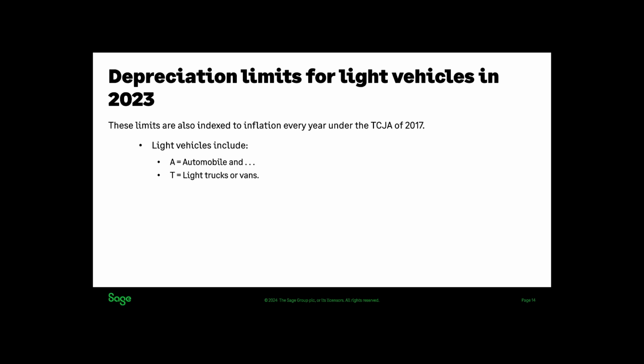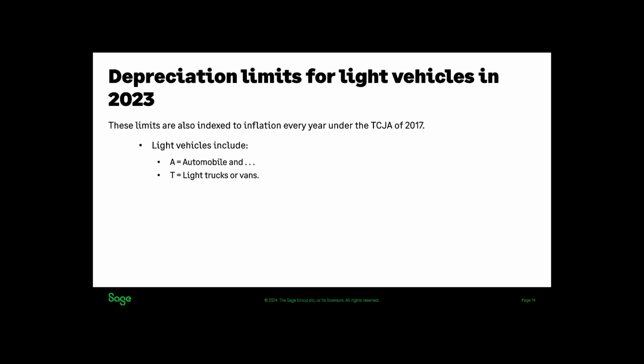And I point that out to you, and the reason why we had these two different property type codes is because in the past, those limitations were different. And actually the limits were higher for a light truck or van than they were for an automobile. And that was the case up until and through 2017.